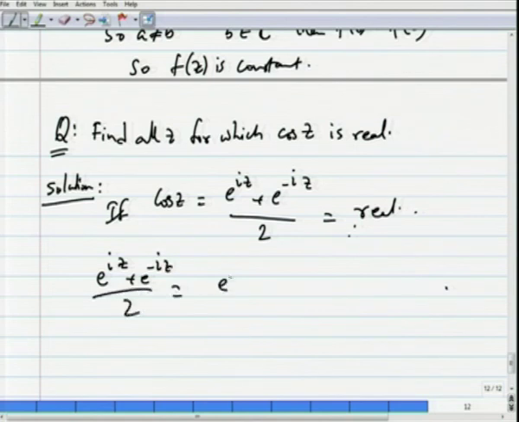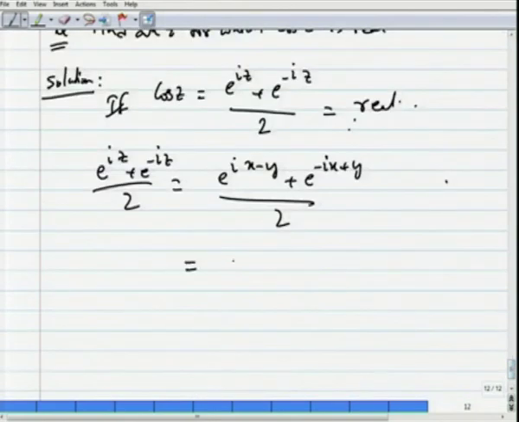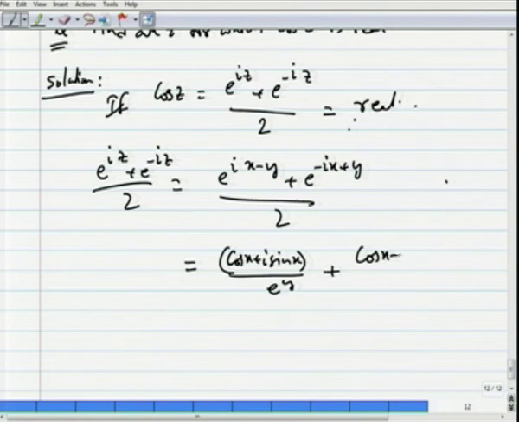Let us first see what this is, e power i z plus e power minus i z by 2. This is equal to e power i x minus y plus e raised to minus i x plus y divided by 2. This is equal to cosine x plus i sin x divided by e power y plus cosine x minus i sin x times e power y divided by 2.